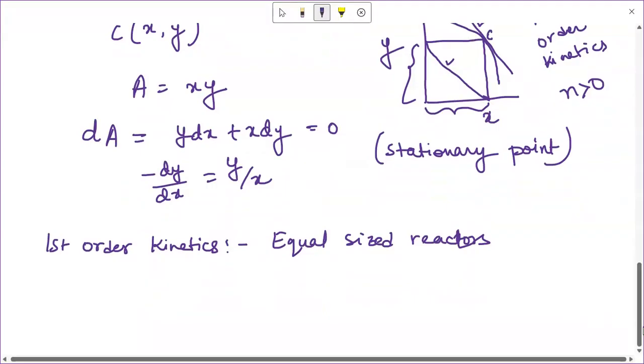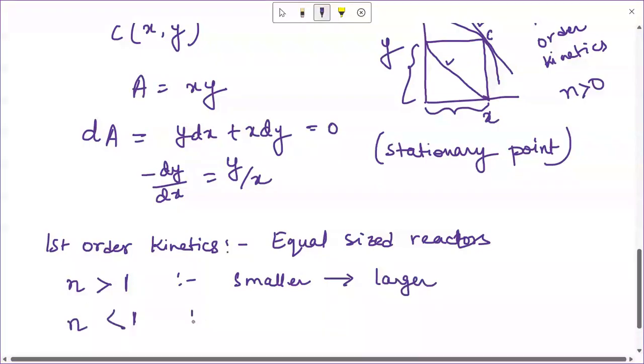First order kinetics, you require equal size reactors. For orders when n is greater than 1, the smaller reactor comes first, smaller followed by larger reactor. And for n less than 1, the larger comes first and then the smaller reactor.